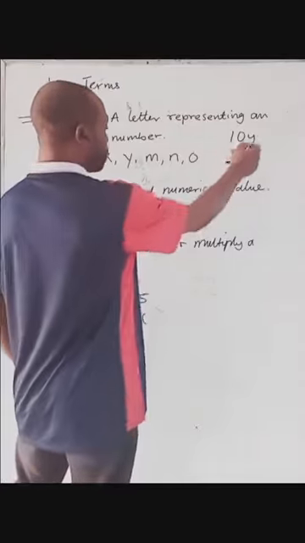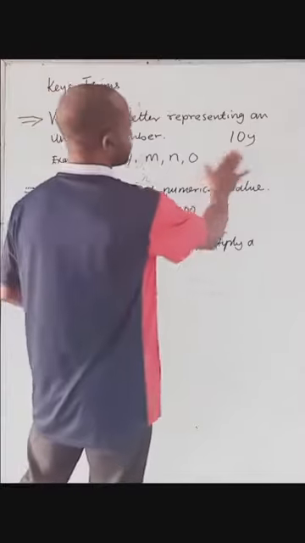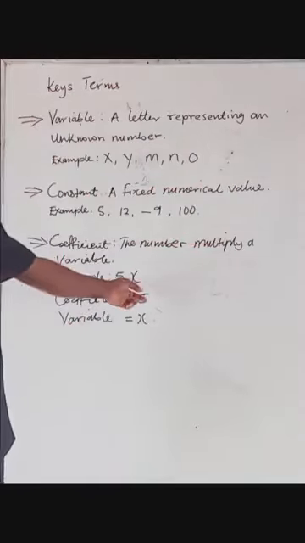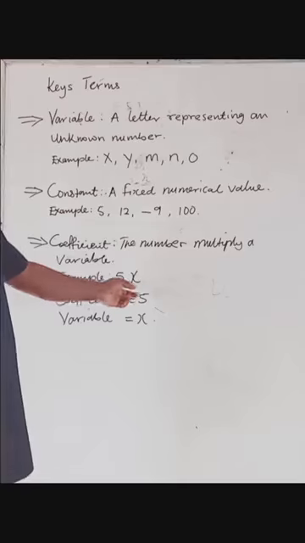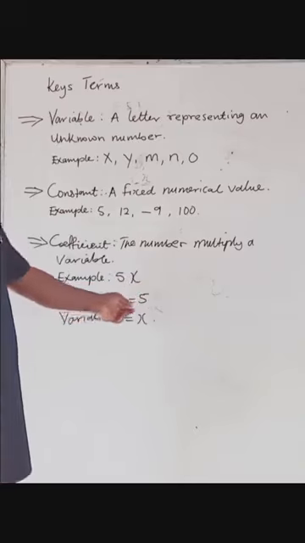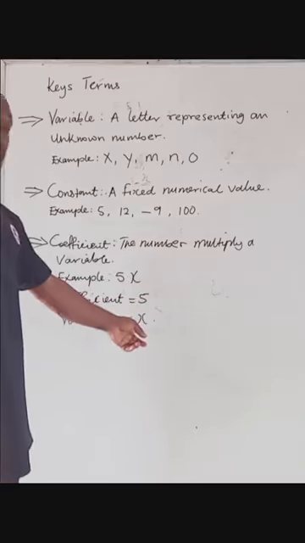So the number that multiplies a variable in an algebraic expression is a coefficient. Example, 5x. The coefficient in 5x is 5, while the variable is x.